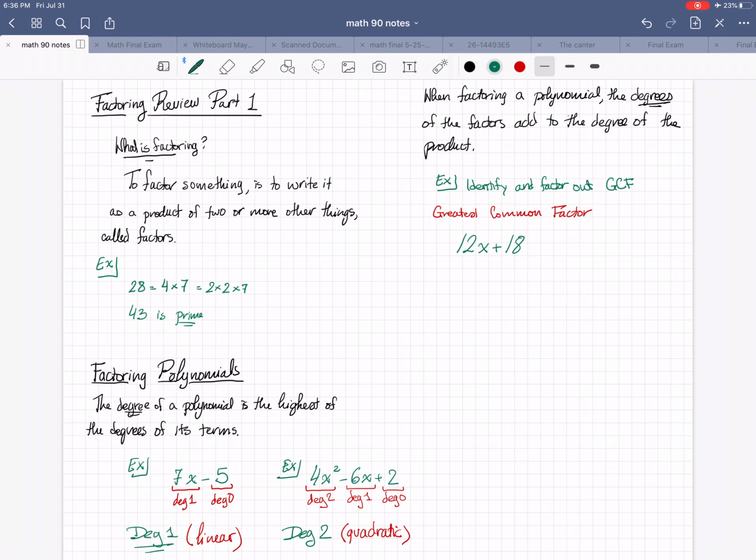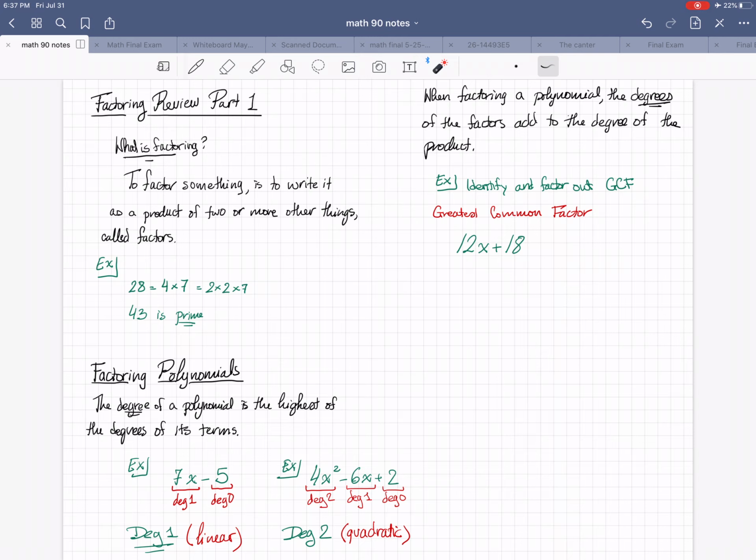Now, if we were in class together, I would ask you to tell me what you think. So my terms are 12x and 18. One of them is a constant, the other has an x in it, which means our greatest common factor is not going to have a variable component because one of our terms doesn't have a variable. So we're really going to focus on the 12 and the 18. What numbers do both 12 and 18 go into?